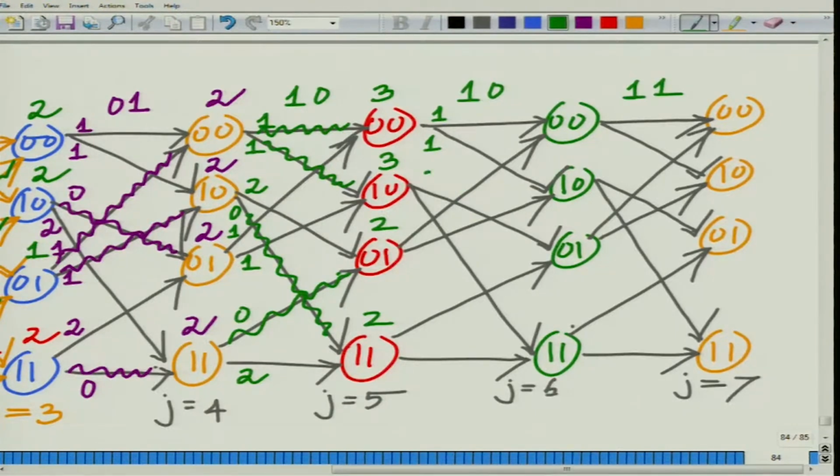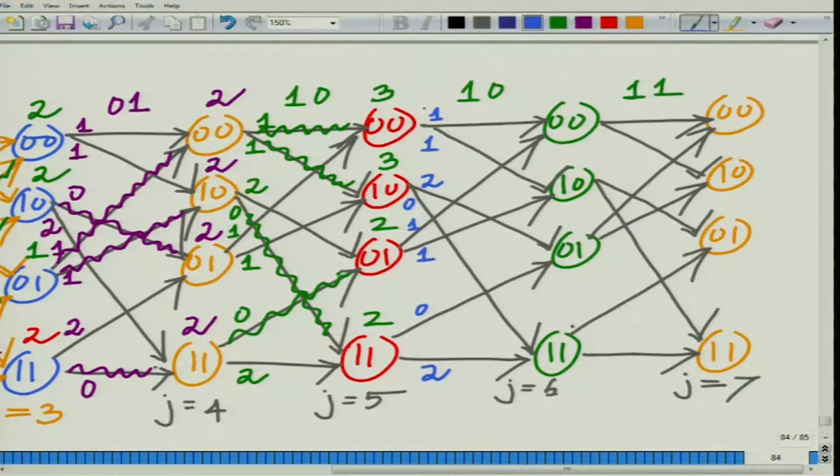This is again going to be, let me just write it with a different color, 1 1, 2 0, again 1 1, and 1 1 1 0. So 0 2.